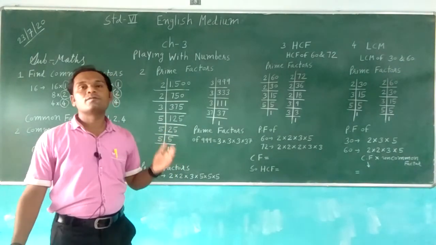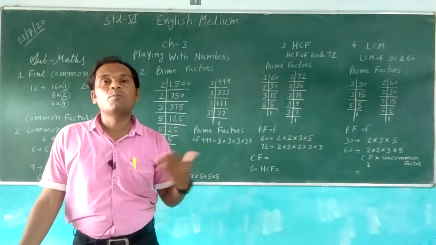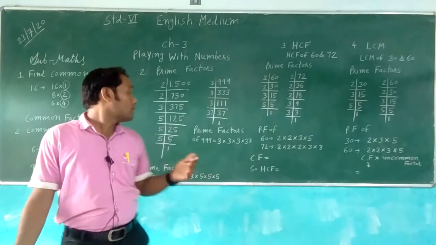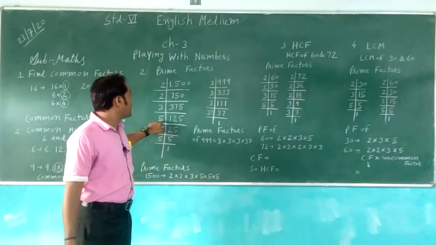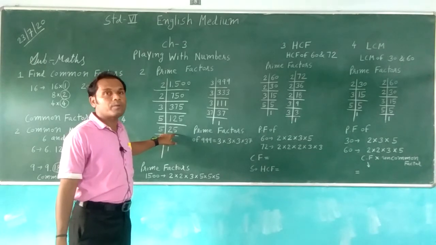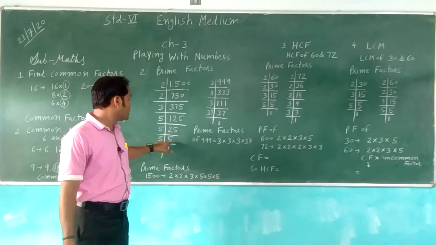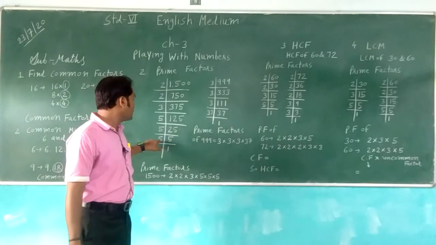Now 125 we can't divide by 3, so we'll go forward and take 5. 125 divided by 5 gives 25, 25 divided by 5 gives 5, and 5 divided by 5, so 5 ones are 5.